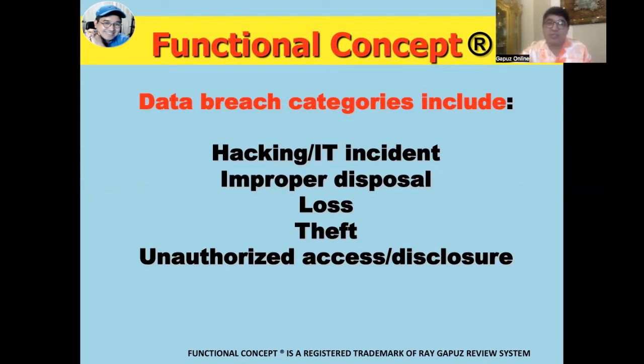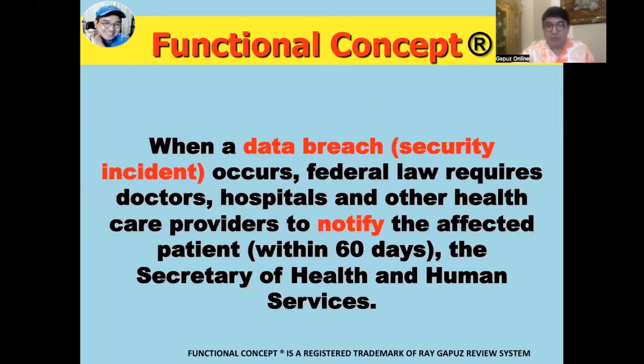So there are 5 categories of data breach, and these include hacking, which is also known as your information technology incident, improper disposal, loss, theft, or unauthorized access or disclosure to other people. Now, when a data breach, which is known as a security incident, occurs, federal law requires doctors, hospitals, and other healthcare providers to notify the affected patient within 60 days. Now, sometimes this is done through first-class mail, and the Secretary of Health and Human Services is also notified.